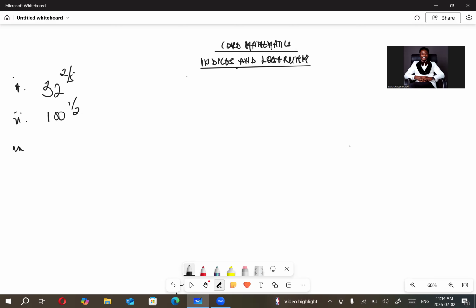Then the next one. No, there's a 1. The 100, there is a 1 whole number before the half. All right, so 100 exponent one whole number, 1/2. What's the next one?